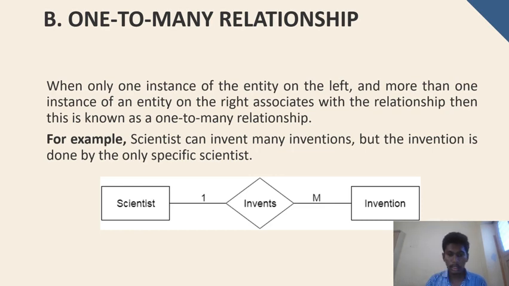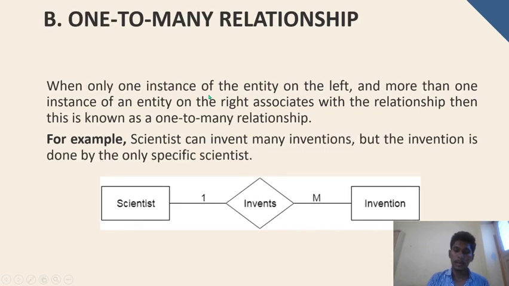One scientist can invent many inventions, but those inventions are invented by only one scientist. So it is one to many with respect to the scientist, and from the invention's point of view, many inventions are invented by one scientist.